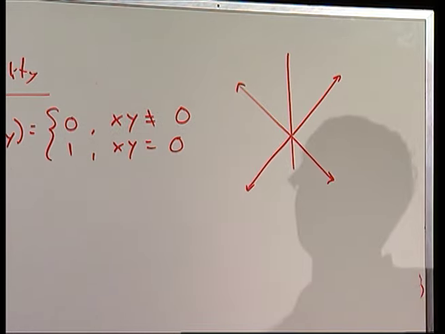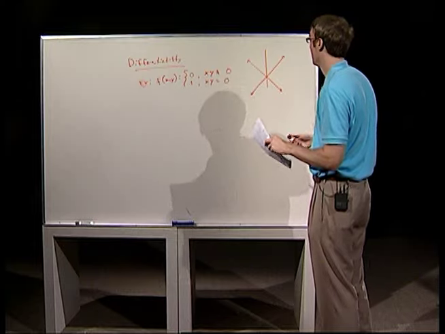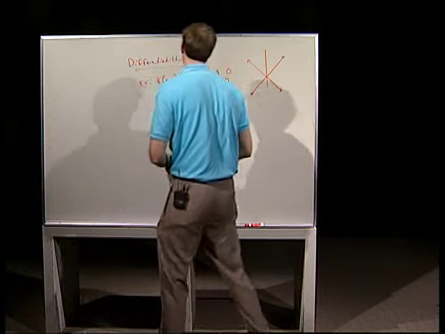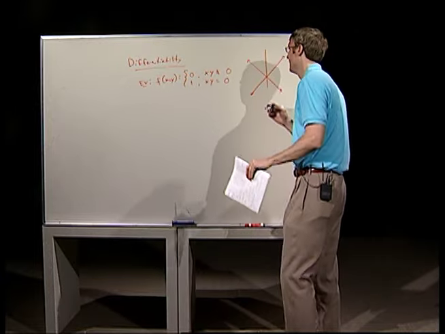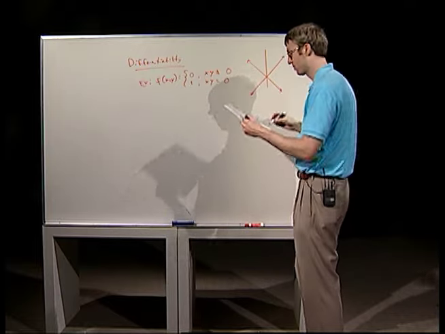There is the point 1 along the paths where the product of x and y is 0, which happens along the x-axis and the y-axis, right?